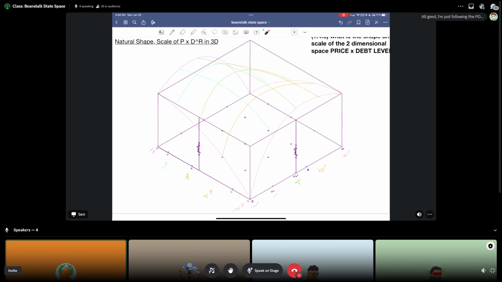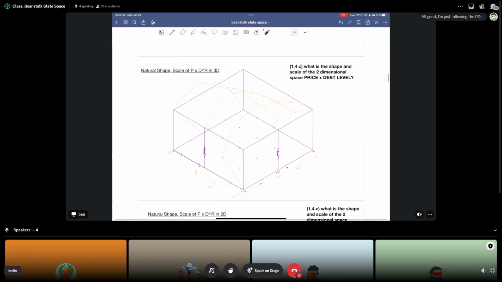Wonderful. Okay, so this is the stitched together space. Now the features we're talking about here: at a very low price, the system is never going to have an increasing debt level.